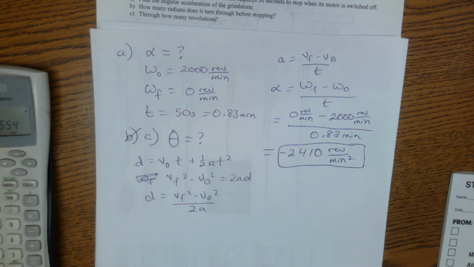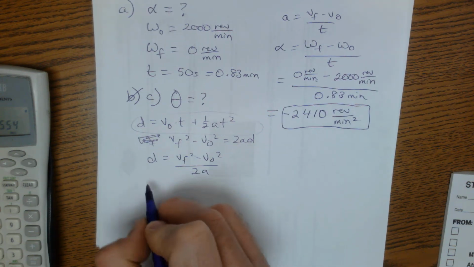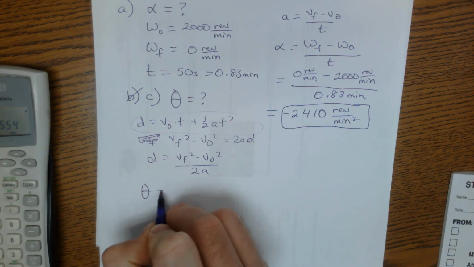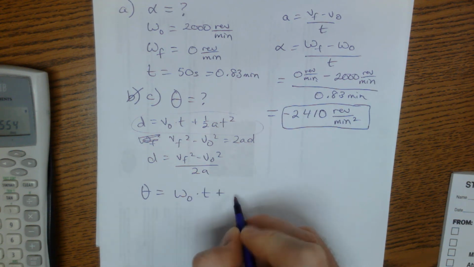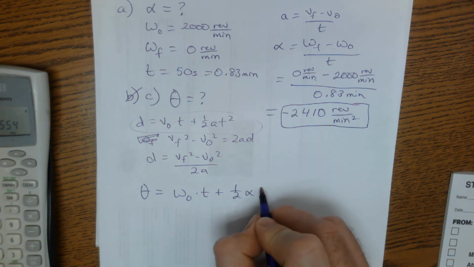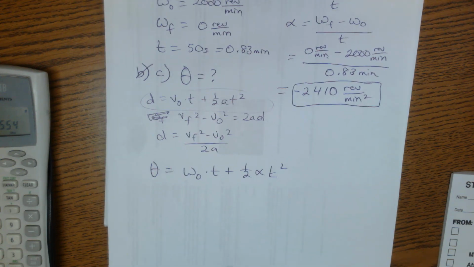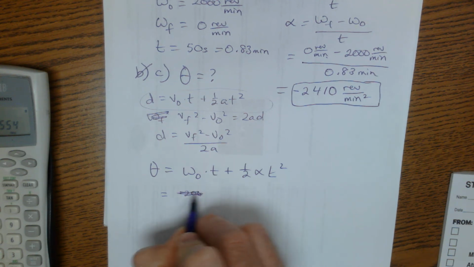We can use either one of those. It doesn't really matter, so I'm just going to use this one. We'll convert it to an angular formula. So the angular distance would be equal to the initial angular velocity times time plus 1/2 times the angular acceleration times time squared.